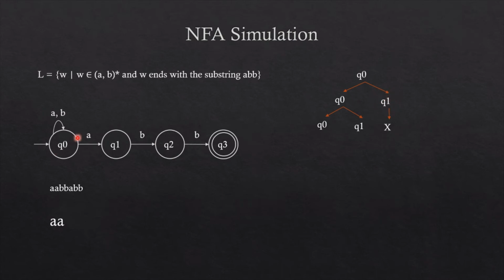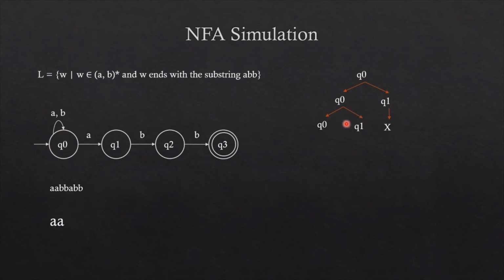So from Q1, we don't have any transition on A, so this flow dies. That just means this pattern was interrupted. This is clearly not ending in ABB because we've seen an A after an A.